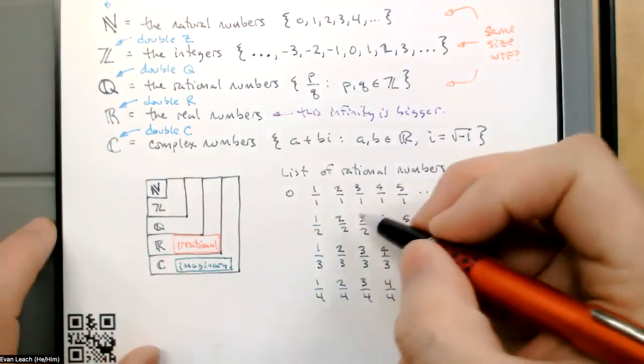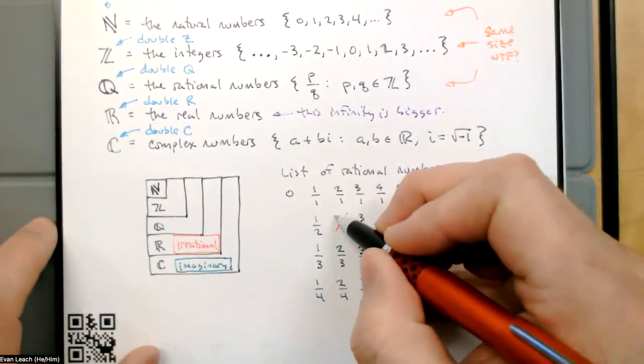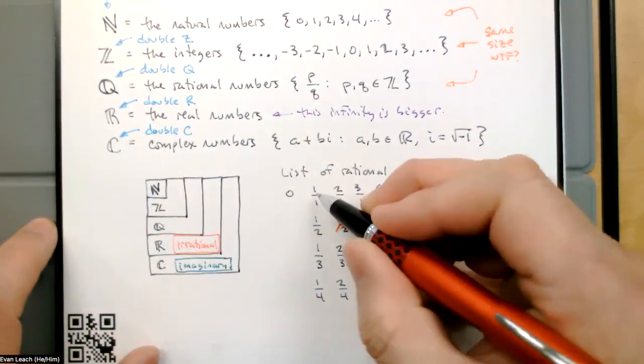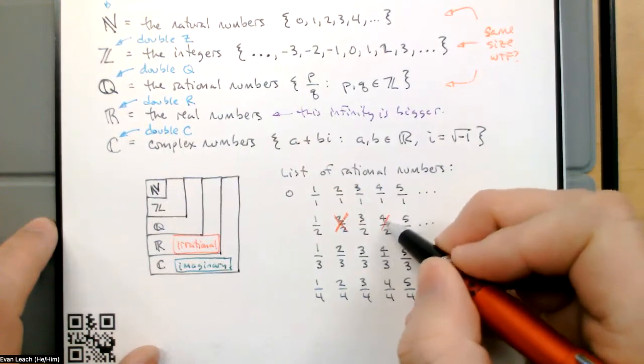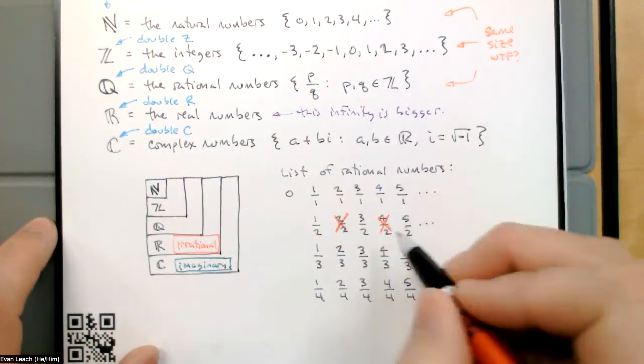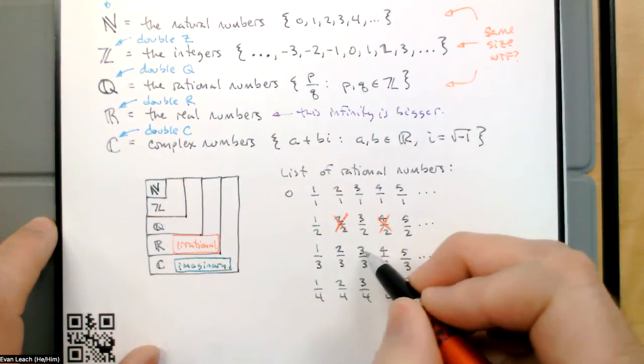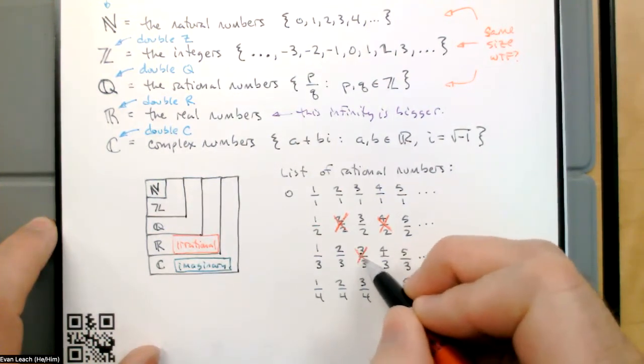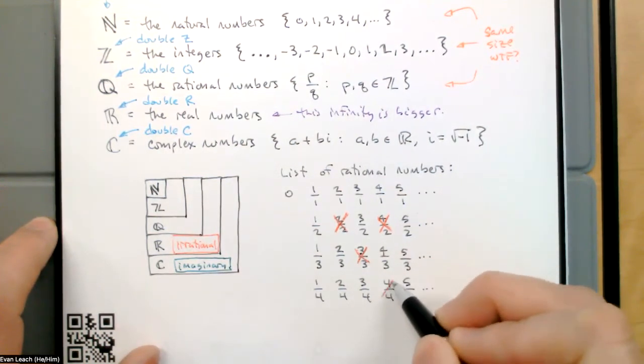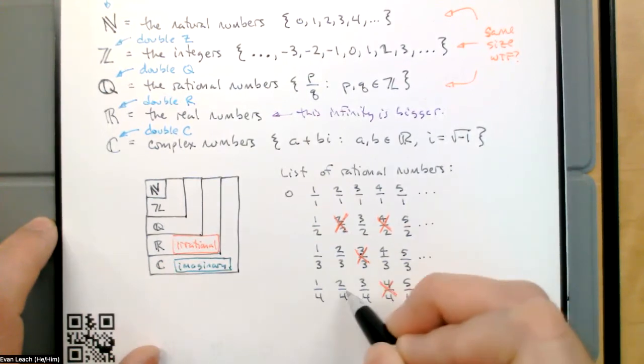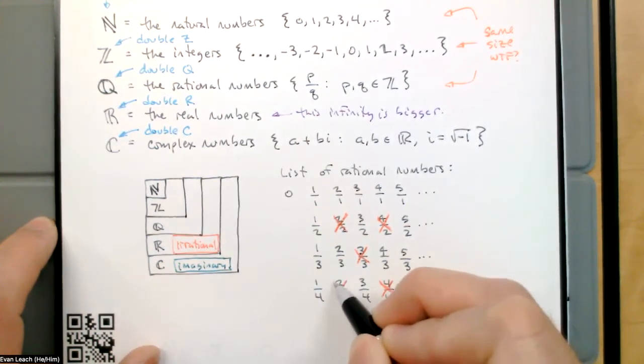So 2 over 2 is 1, so we can get rid of that because it's just a copy of 1. 4 over 2 is equal to 2, so we can get rid of that. 3 over 3 is also just 1, so we can get rid of that. 4 over 4 is also just 1. We can get rid of that. 2 over 4 is a half, so we can get rid of that.